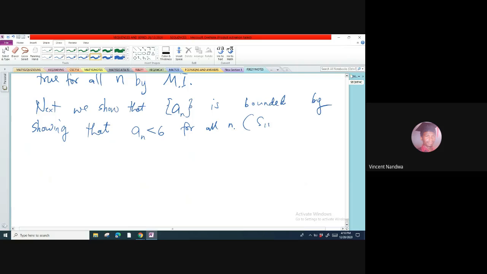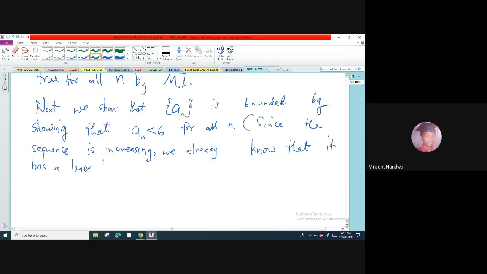Since the sequence is increasing, we already know that it has a lower bound: an greater than or equal to a1 equals 2 for all n.